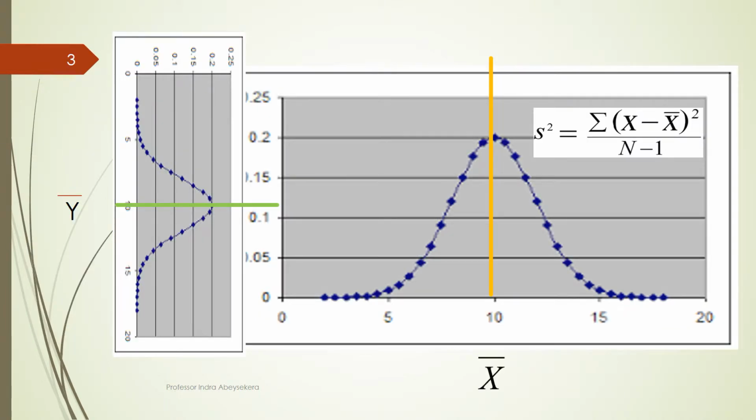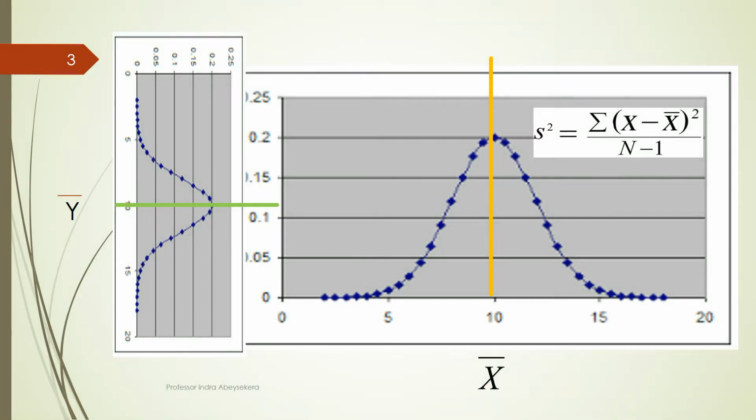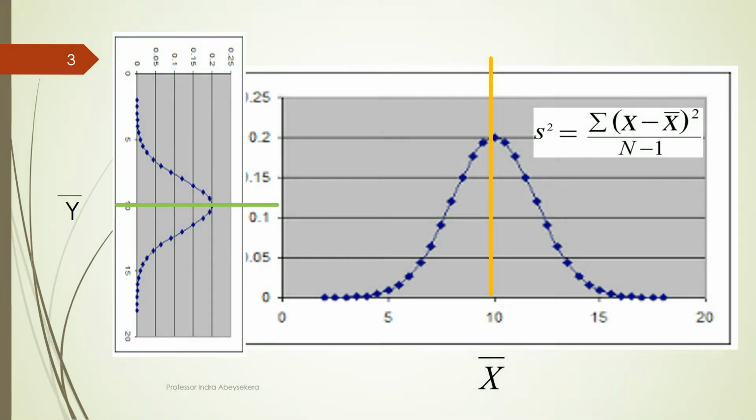When we have two variables, each variable will have its mean and variance. Variable x will have its mean x bar and its variance, and variable y will have its mean y bar and its variance.